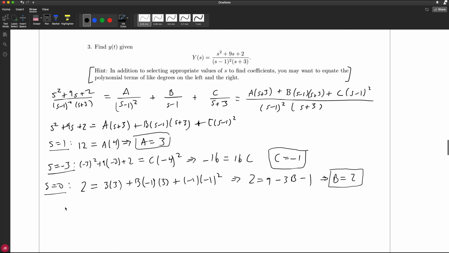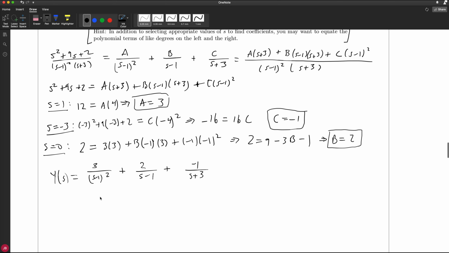Okay, so here's our partial fraction decomposition then. Capital Y of s equals A, which is 3 over s minus 1 squared, plus B, which is 2 over s minus 1, plus C, which is negative 1 over s plus 3. And so that means that little y of t is the Laplace inverse.